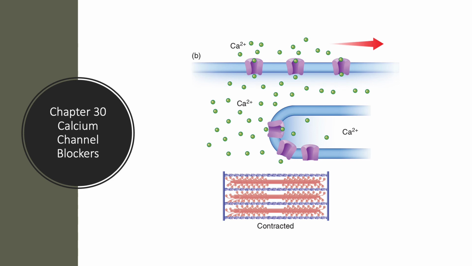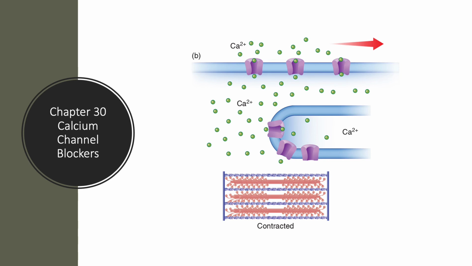So if we block the calcium channels in the heart, we can reduce contractility of the heart. Okay? And if we reduce contractility and heart rate, that will also drop your blood pressure because your cardiac output is being reduced. And also that is reducing the overall workload of the heart. The heart's not beating as fast and it's not contracting as hard.